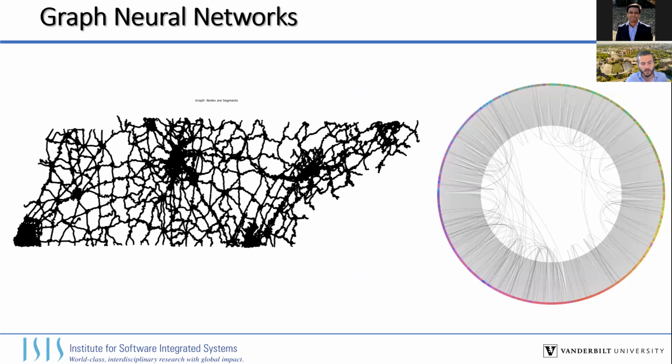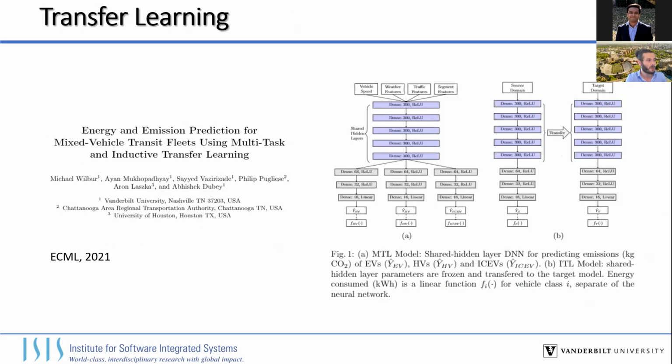Some of the future work, first, is the graph neural network. We are really interested in applying it. We have seen some research using graph neural networks for traffic prediction, so we thought that might be a good idea to use the same approach for incident prediction. Another one is transfer learning. For example, California may have a longer time range for recording accidents, for example, 10 years, but Tennessee is, for example, 3 years.